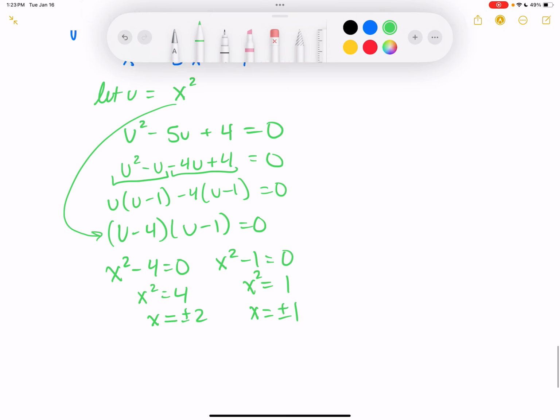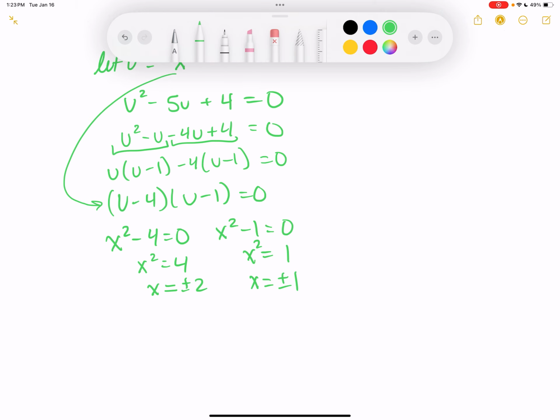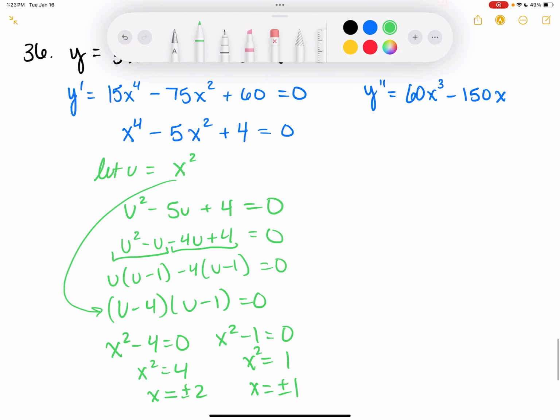Okay, the bell's going to ring shortly, but what do I do now? These are my critical points, right? I have 4 critical points. Was I given any endpoints? No. So I'm going to check all the critical points. My second derivative is up here.